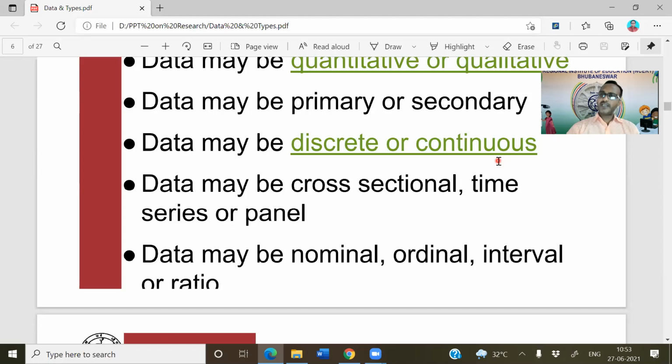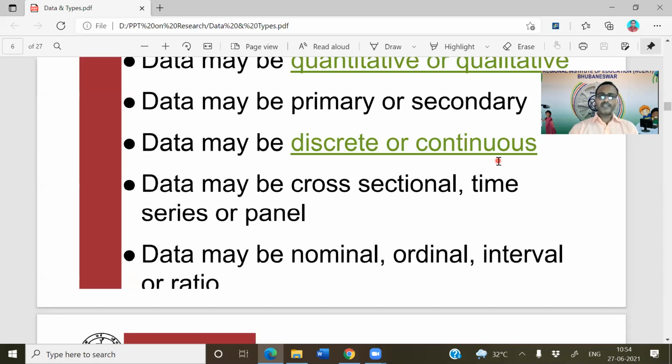But the time is the same, in 2021, but the sections are different. Therefore, it is cross-sectional data. But in case of time series, time is different. You are collecting data over a period of time. It all depends upon the kind of research method you are following. It is not required for all kinds of research.